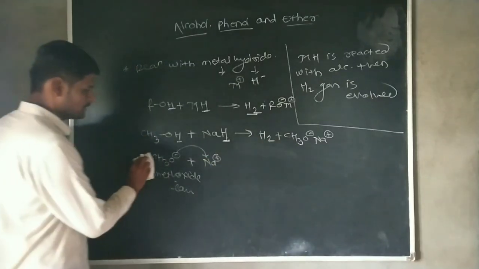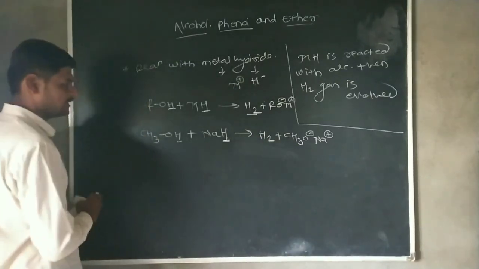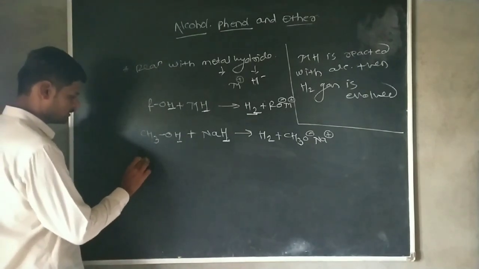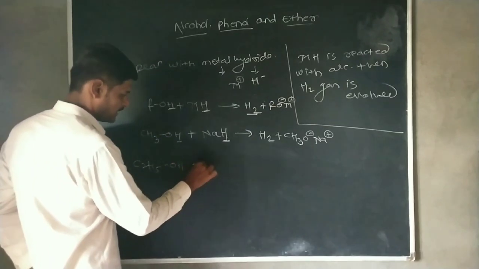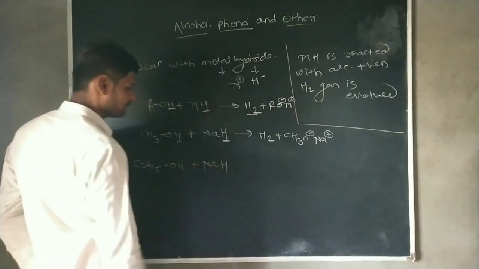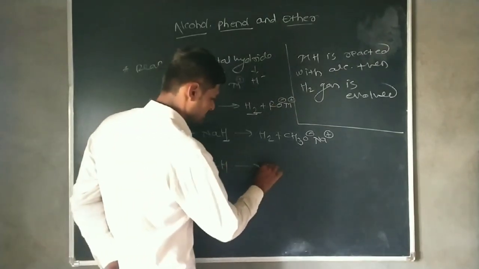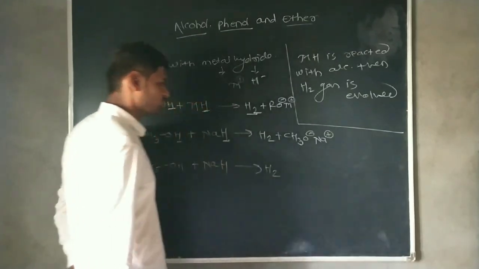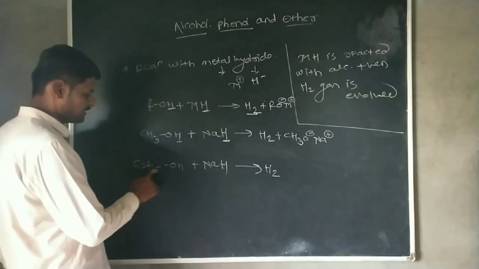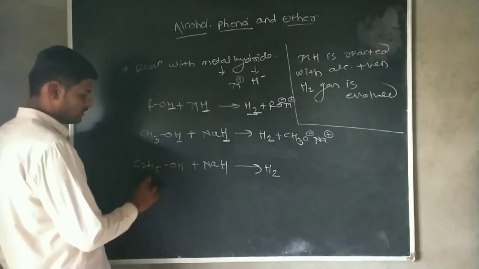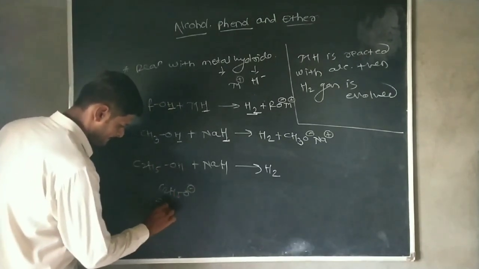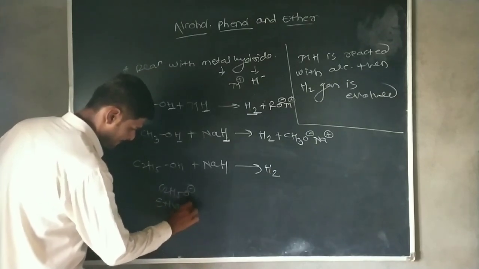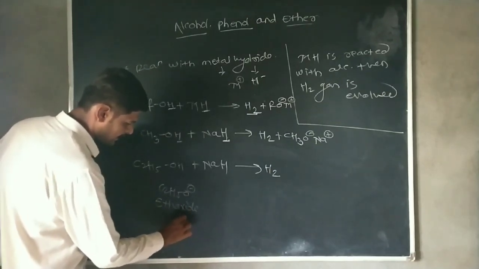Okay, then for the next reaction we consider C2H5OH, which is also reacted with sodium hydride. Then there is a formation of H2 gas. This H2 gas is eliminated, and the remaining part is the ethoxide ion.